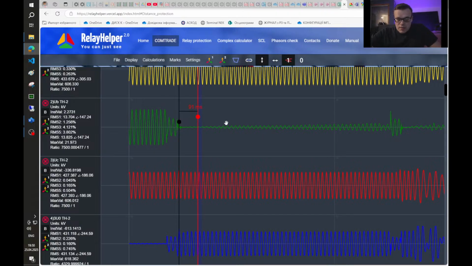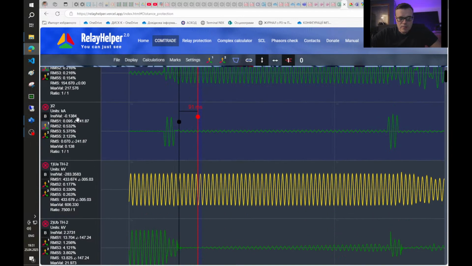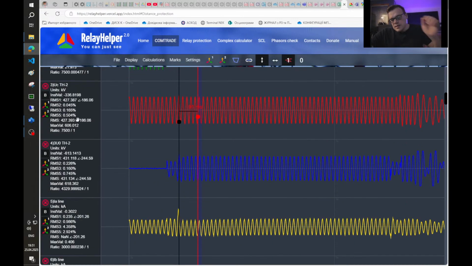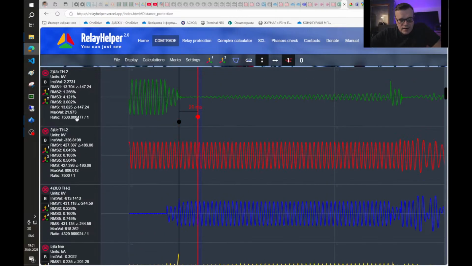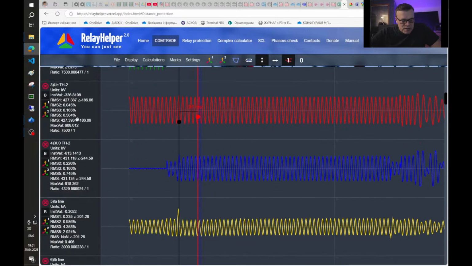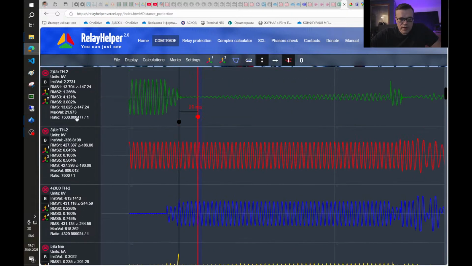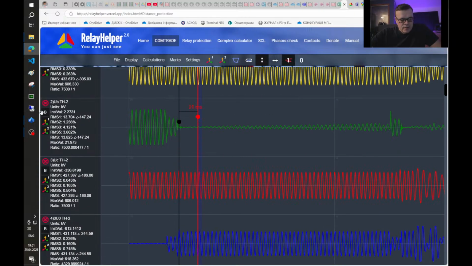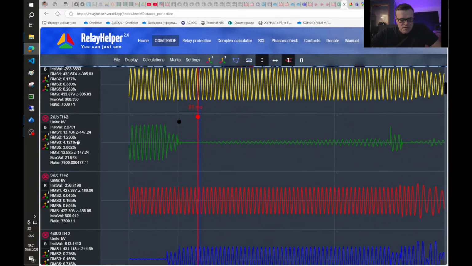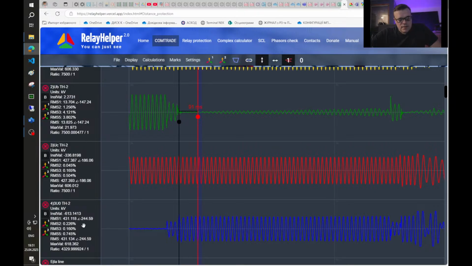So what other methods are there to determine that the arc went out? We need to look at the phase relations between zero sequence current, zero sequence voltage, and voltage on the tripped phase.